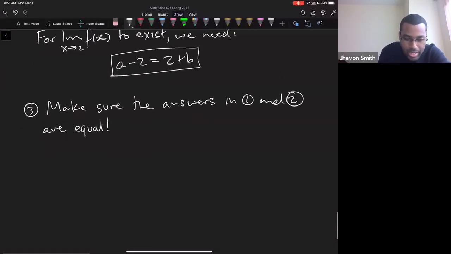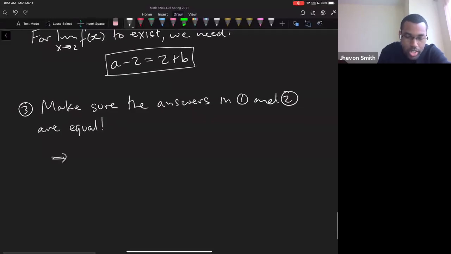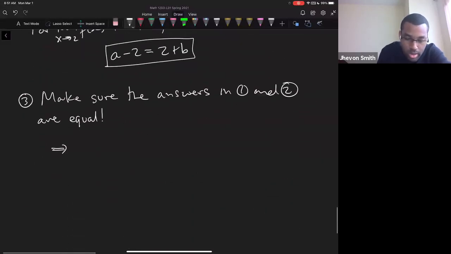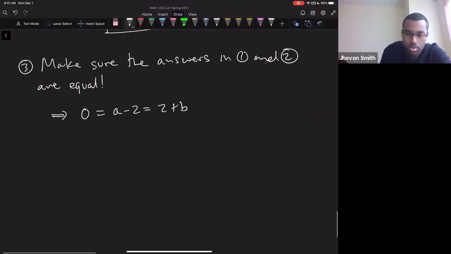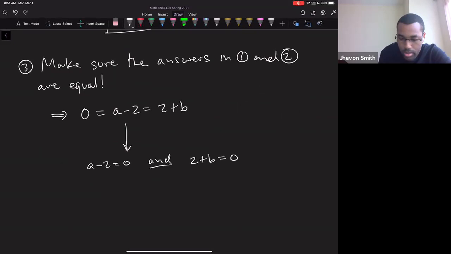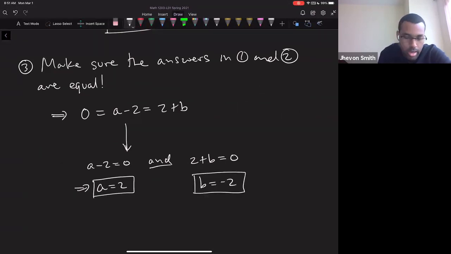So what that essentially means is that I need to make sure that the answer from part 1, which is 0, is equal to the answers from part 2, which is a minus 2, which also needs to be equal to 2 plus b. So this tells me that I need a minus 2 to be equal to 0, and at the same time, I need 2 plus b to be equal to 0. This, of course, means that a must be 2, and b must be minus 2. And that's your answer.